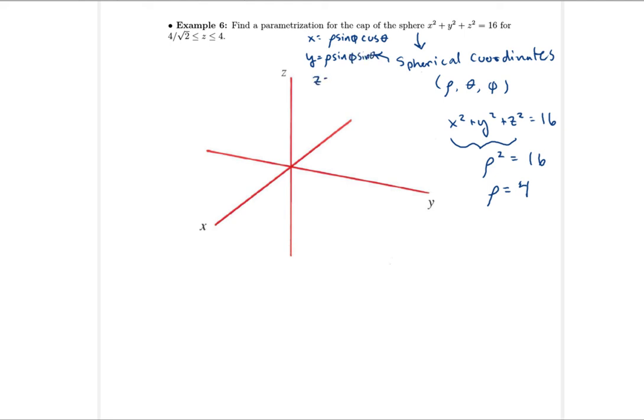And then z is equal to rho cosine phi. So at this point, I can list out x equals, instead of rho, 4 sine phi cosine theta. Y equals 4 sine phi sine theta. And z is going to equal 4 cosine phi.